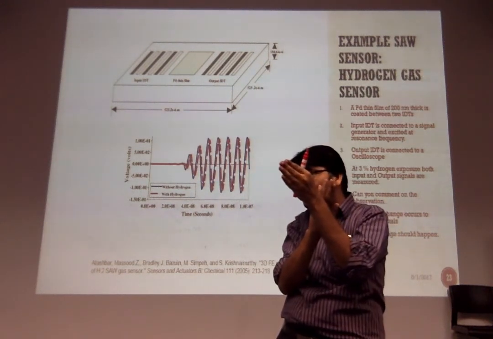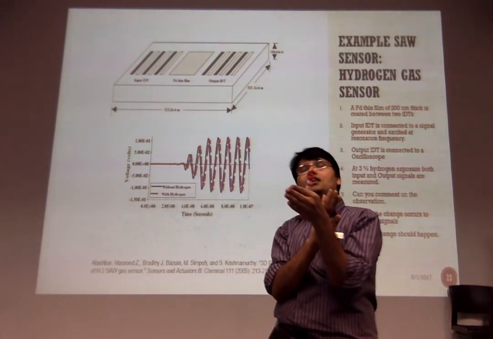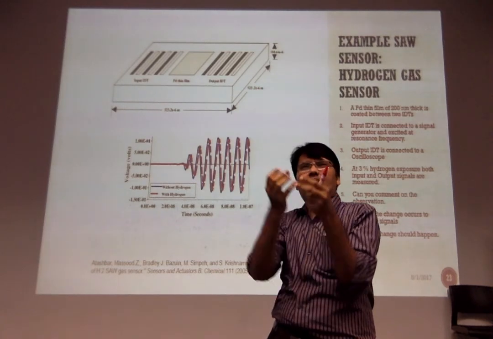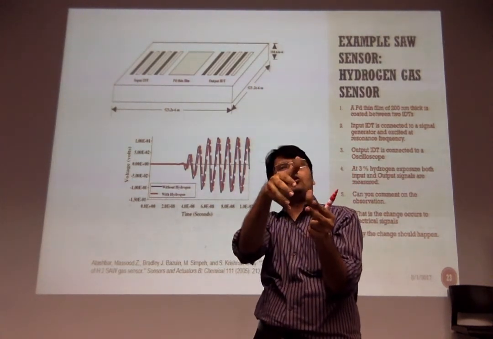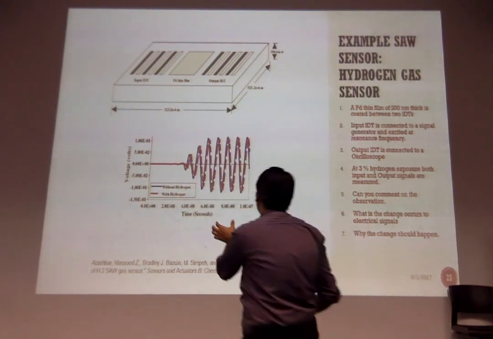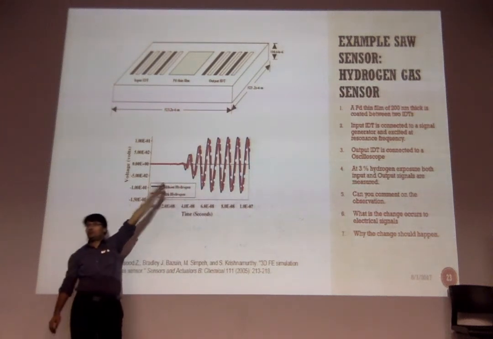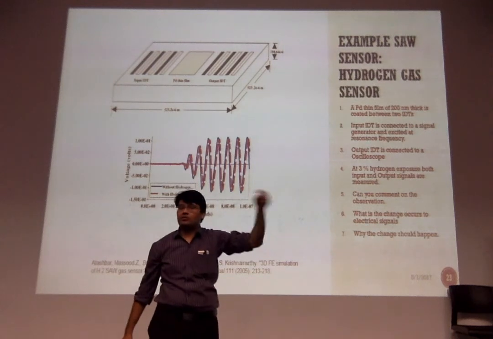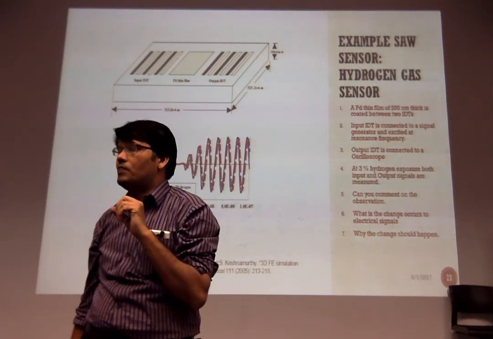That means there is a change in phase of this electric signal, which is caused by the addition of mass of hydrogen atoms or molecules in the palladium film. The amount of shift here is proportional to the concentration of hydrogen measured. Likewise, researchers have developed several sensor applications.